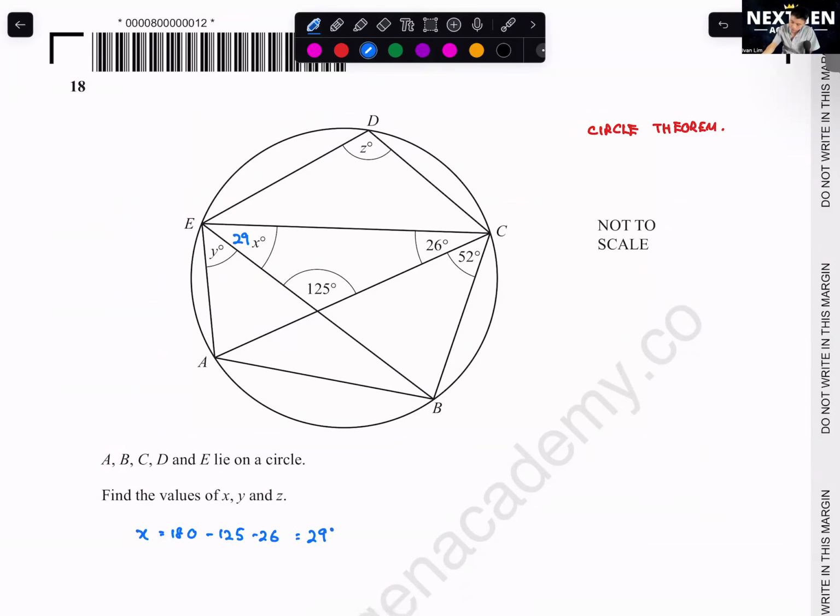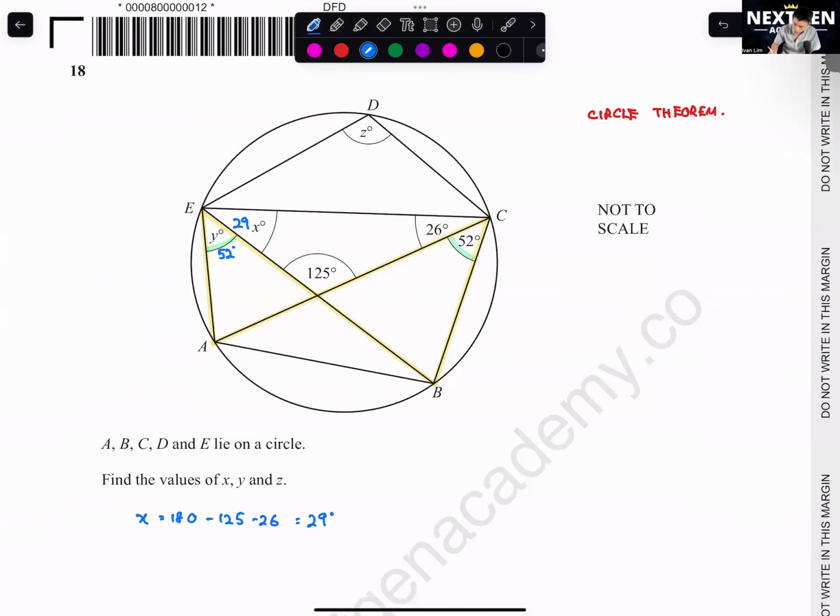Let's see the next one, Y. What is Y? We see a butterfly here. This is called angle in the same segment. Both of these are equal to each other, so no calculation needed. This is 52 degrees.